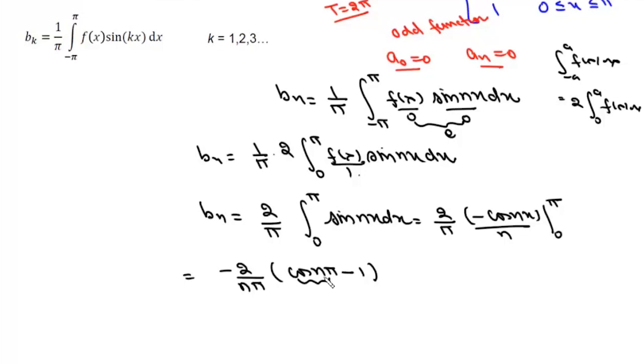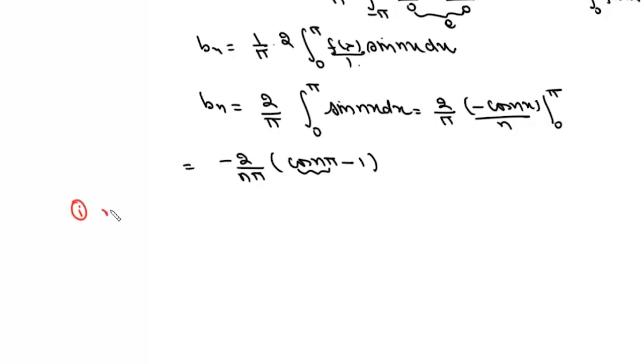So we have to take 2 separate cases. Case 1, if n is an even number, in that case cos n pi will be 1, then we'll have bn as 0. And the second case, when n is odd, value of cos n pi will be simply minus 1, then we'll have this bn as 4 upon n pi.